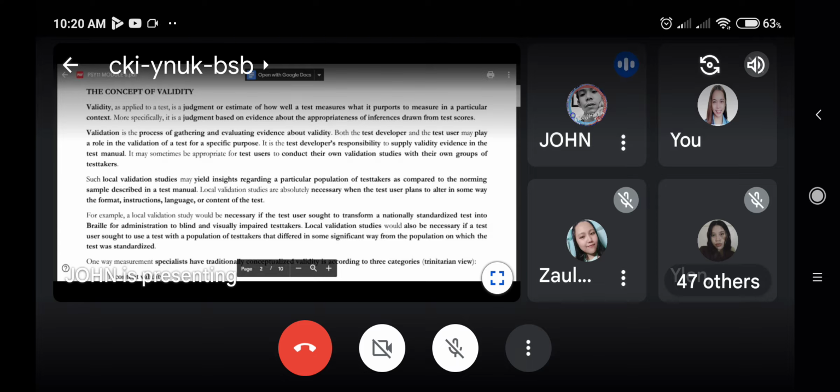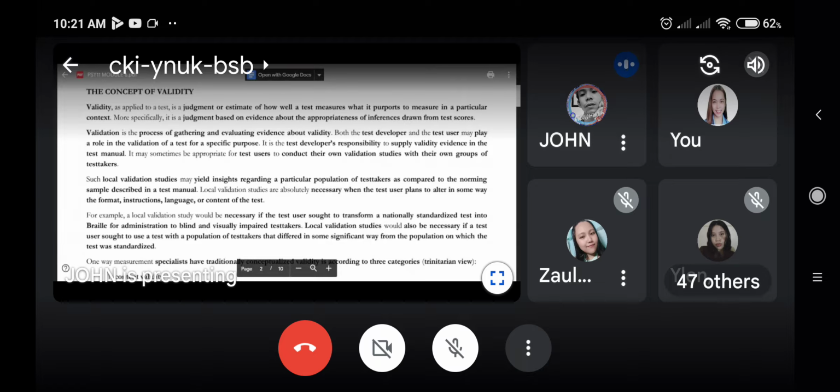Tapos, nung pumunta ka naman dito sa Pilipinas, the expected level of comprehension for a grade 4 student is ganito lang, average lang talaga. Pero kung i-compare mo siya dun sa grade norm ng US, masyadong mataas. So, in that case, you need to do a local validation for you to establish or to identify what norm you are going to use.